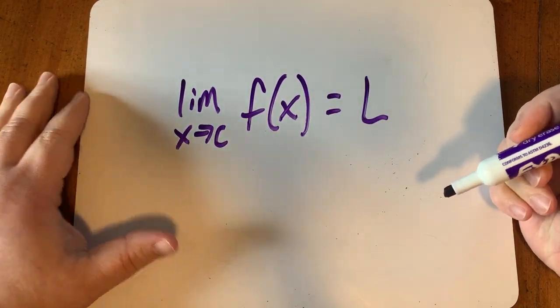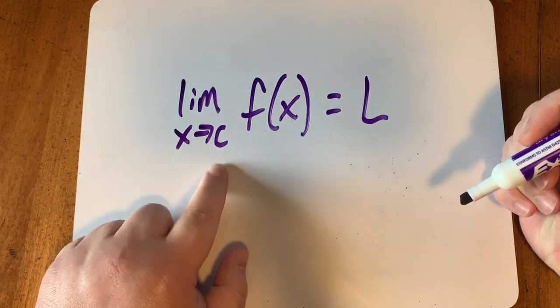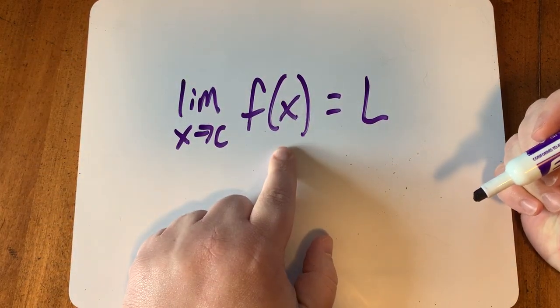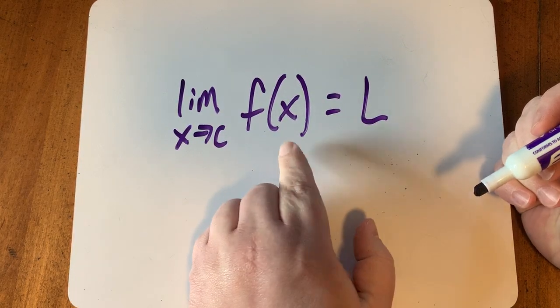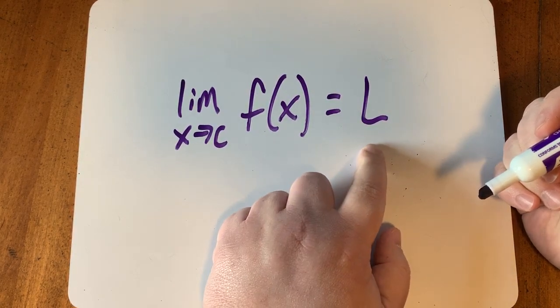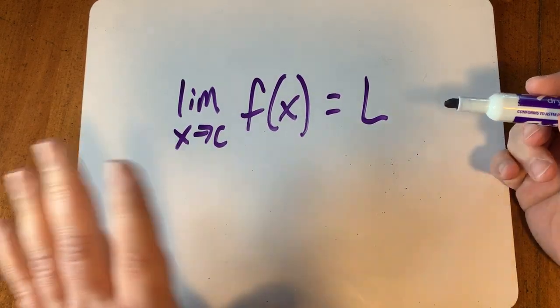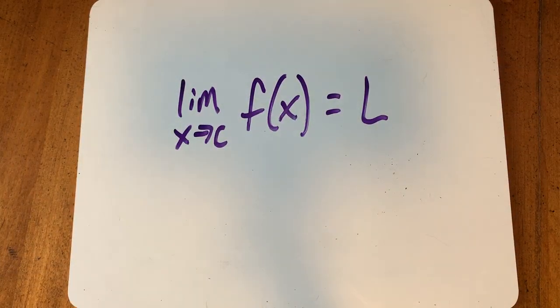So we have limit notation that says the limit as x approaches c of the function f of x is equal to L. We've talked about it in a very broad sense, mostly with end behavior and with asymptotes.